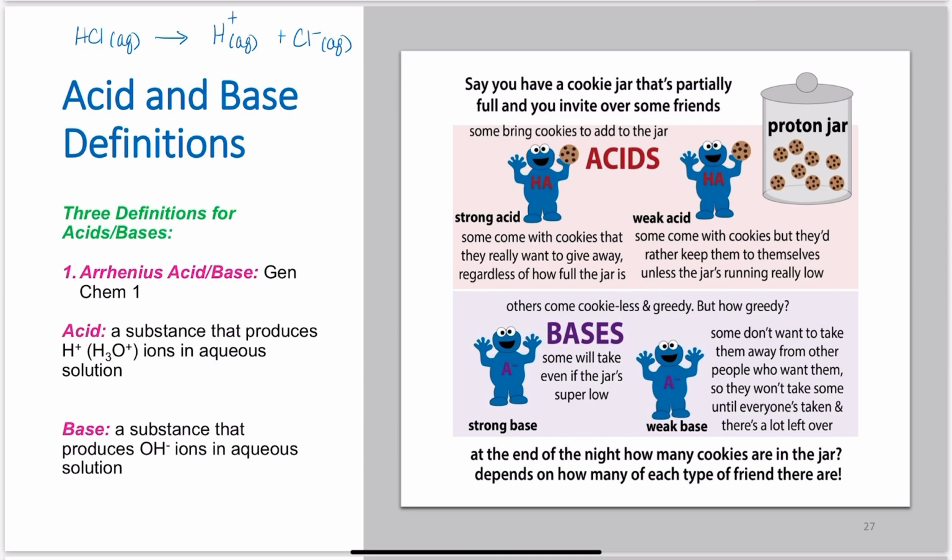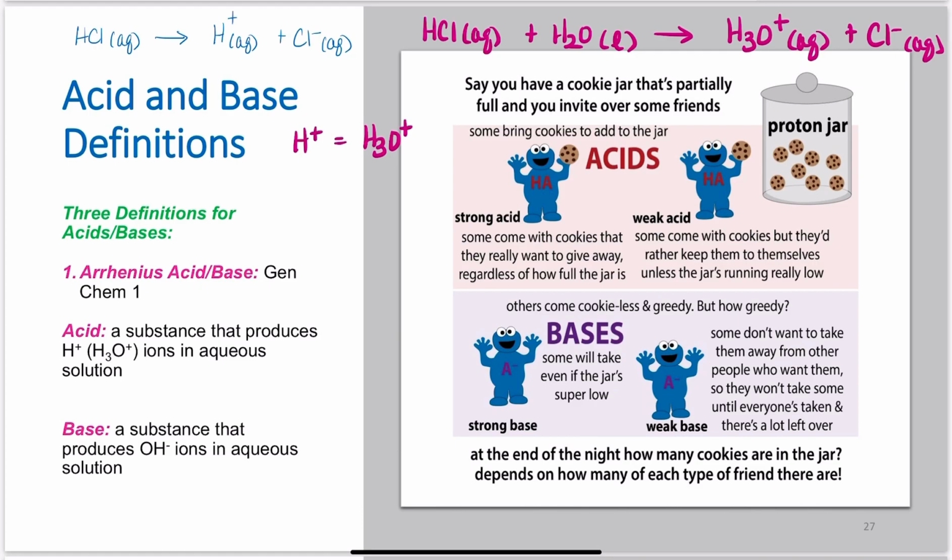So what's really happening here is this HCl sees a water molecule, and it donates that proton to form the hydronium ion and the chloride ion. But H plus is equivalent to H3O plus, so we can say H plus or H3O plus. An acid is anything that produces that in solution.